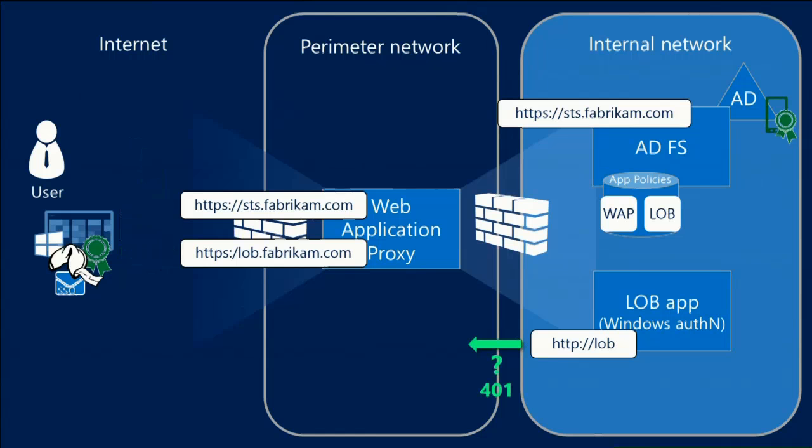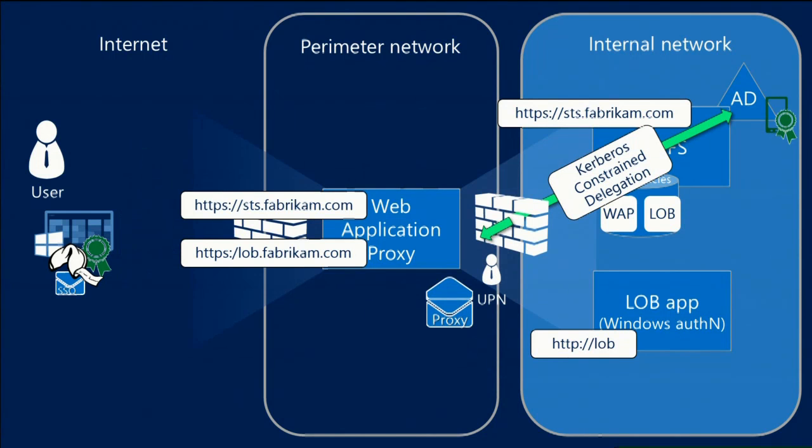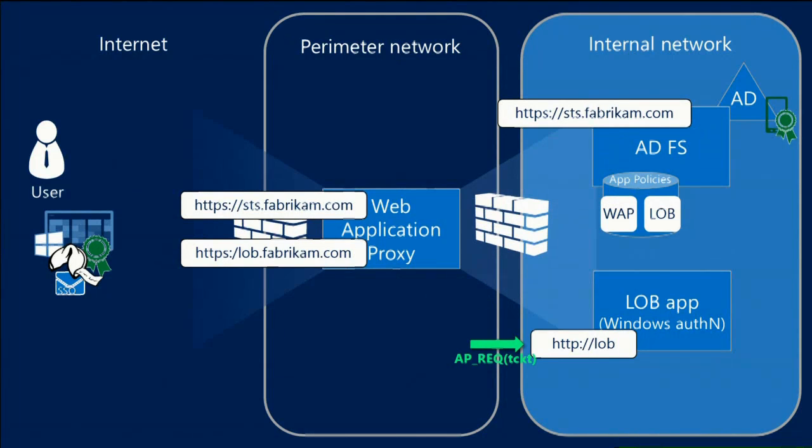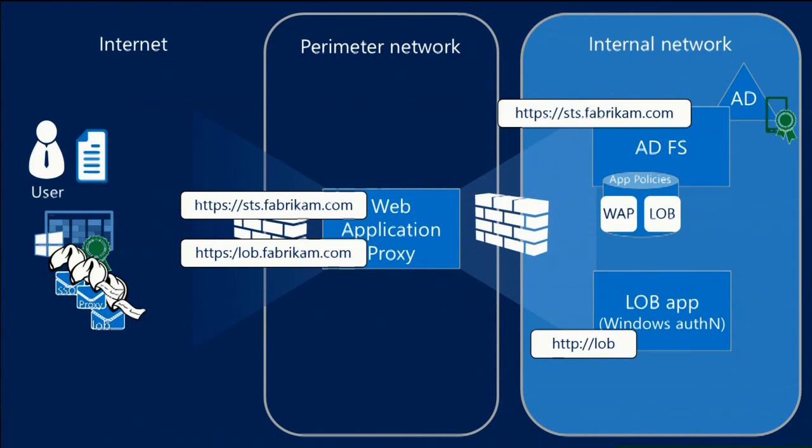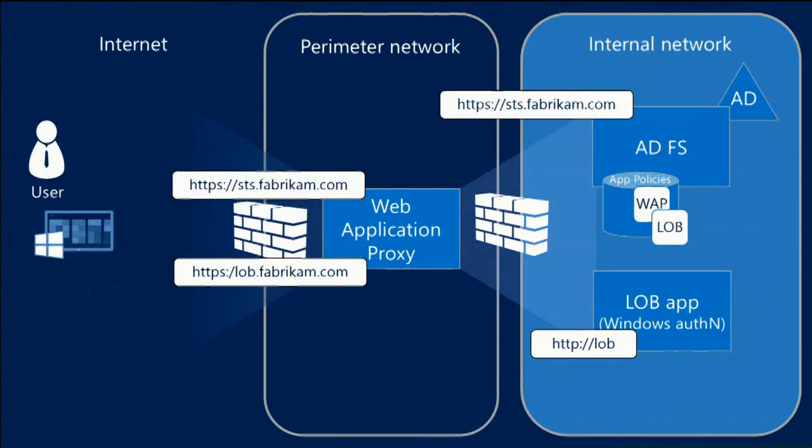You get a 401 challenge, and the Web Application Proxy, that is domain joined in this case, does a lookup in Active Directory to get back the Kerberos constrained delegation ticket, and with the Kerberos ticket goes finally to that SharePoint application, which now returns the information all the way back through the Web Application Proxy to the user. Now, you can do that for several different applications, obviously, and those tokens are good for single sign-on as well.